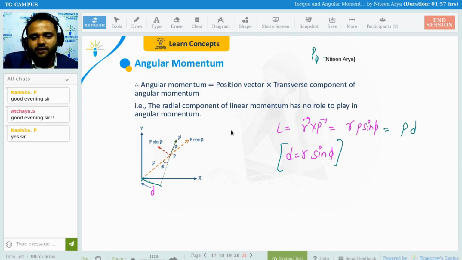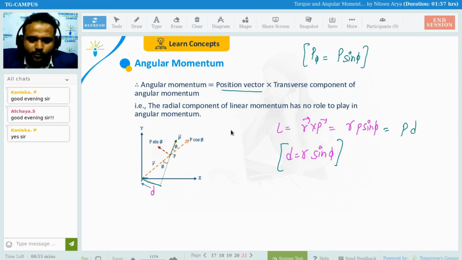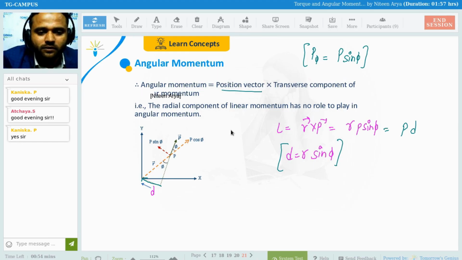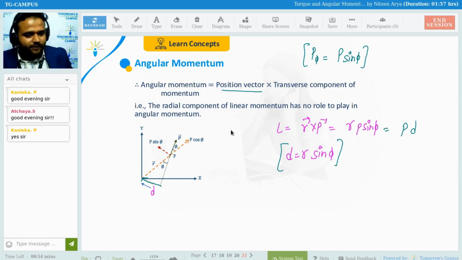P phi is the transverse component of momentum, which is p sine phi.